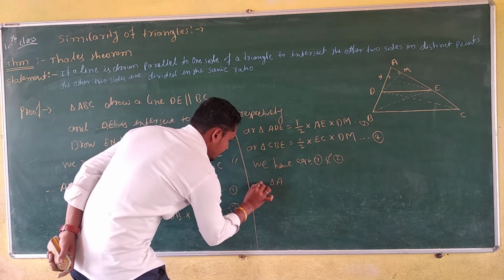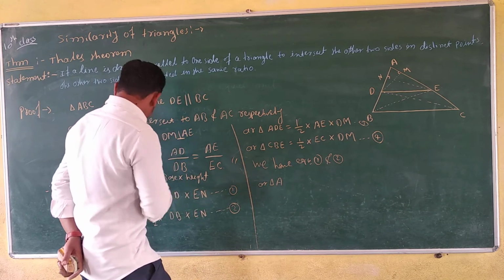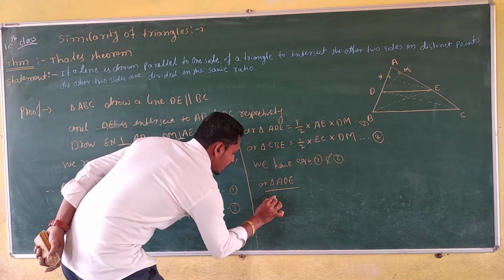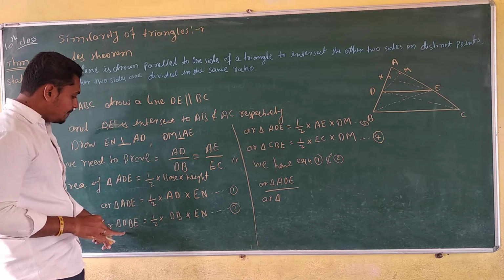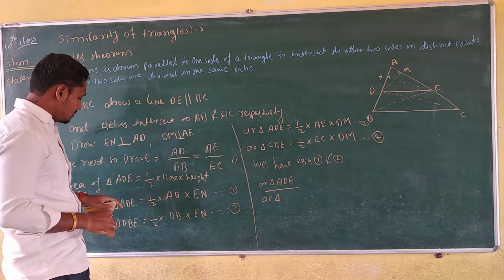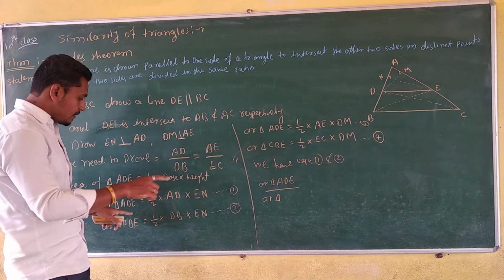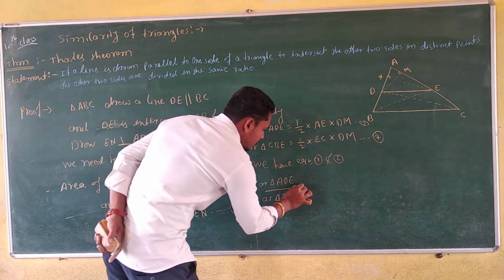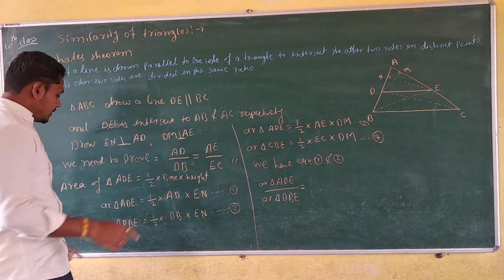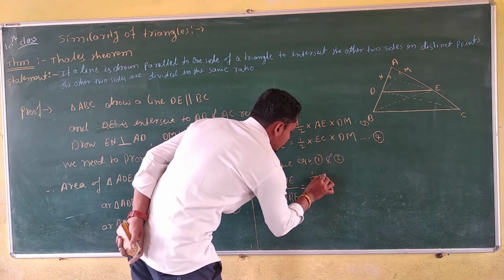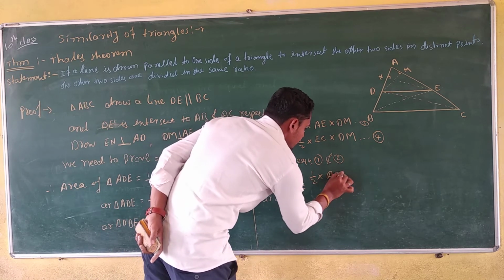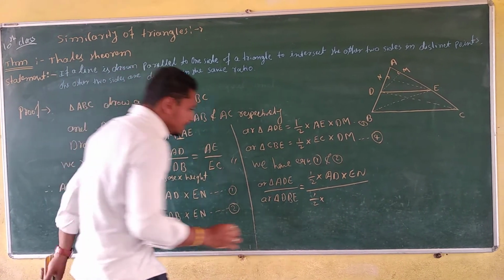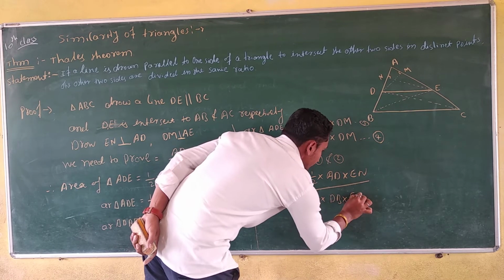So therefore the area of triangle ADE divided by the area of triangle DBE is equal to, what is the area of DBE here? 1 divided by 2 into AD into EN divided by 1 divided by 2 into DB into EN.